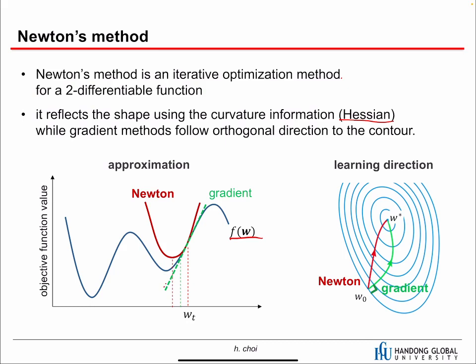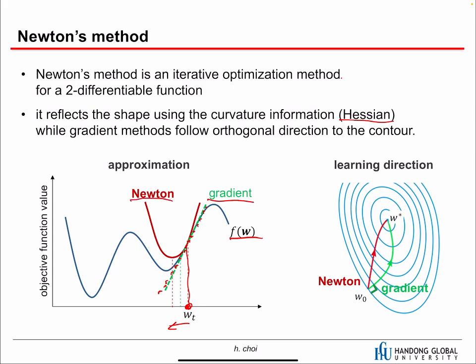So when we are here, we approximate this function with this line. Based on this line, we know which direction is the way to go. We know the left side is the right direction to minimize this function. That's how the gradient method works.